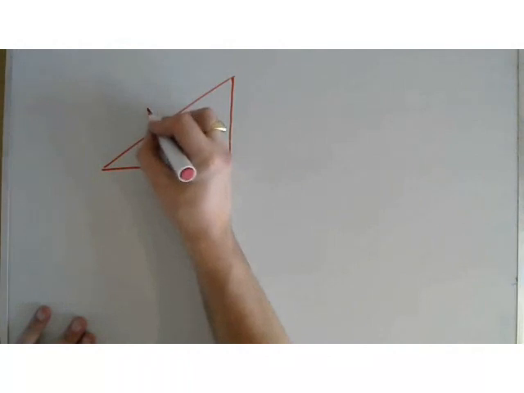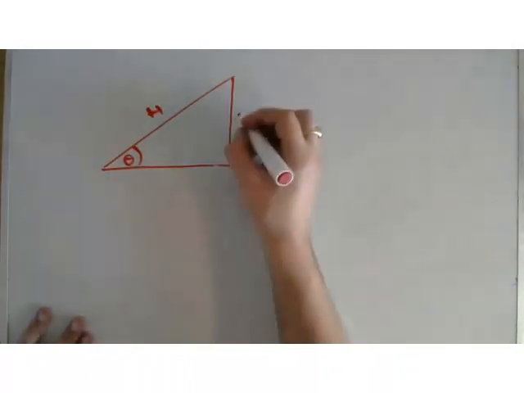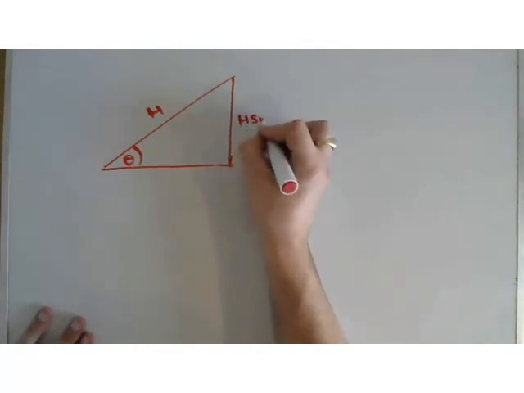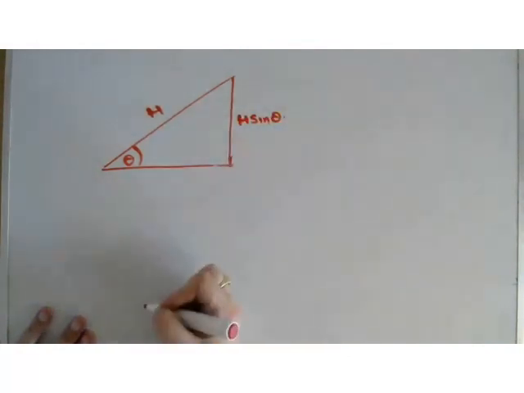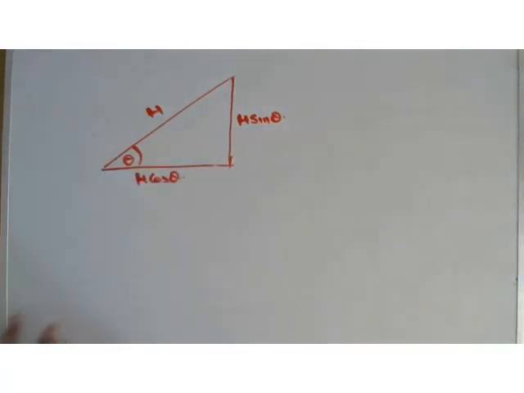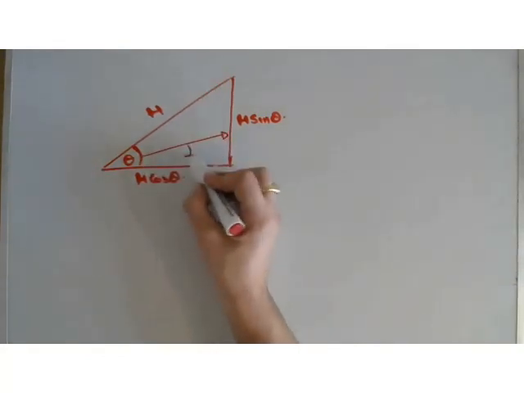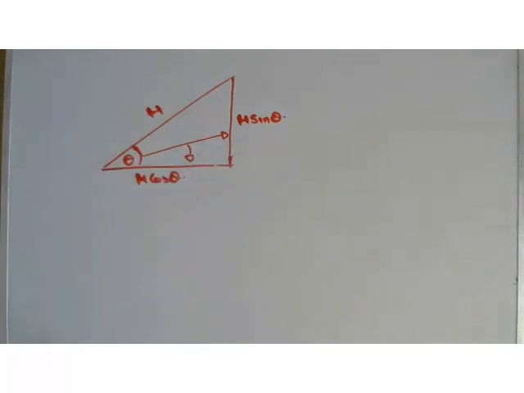Here is h and here is theta. This side here takes sine, so it's h sine theta, and this one here is h cos theta.